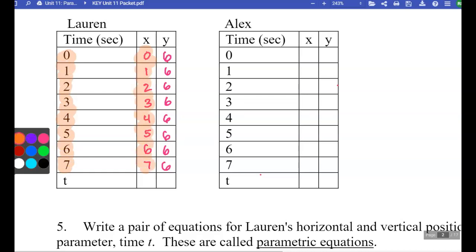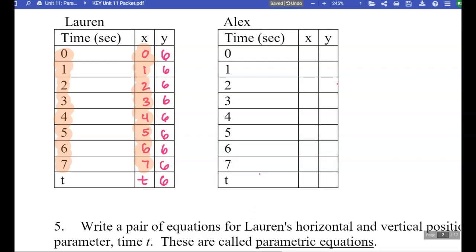How does time relate to x? Yes, it'll be equal to x. Look, the time is always equal to the value of x. So, for every time t, x is also t. And what is y? What will y be equal to? 6. Always 6.